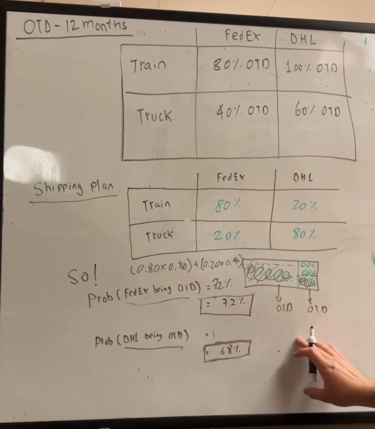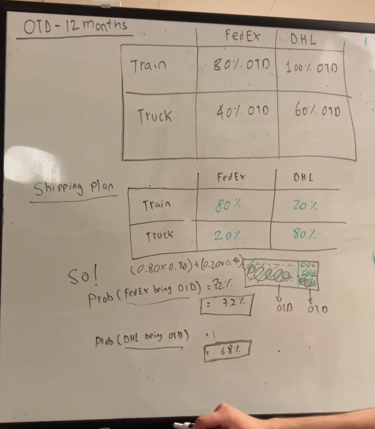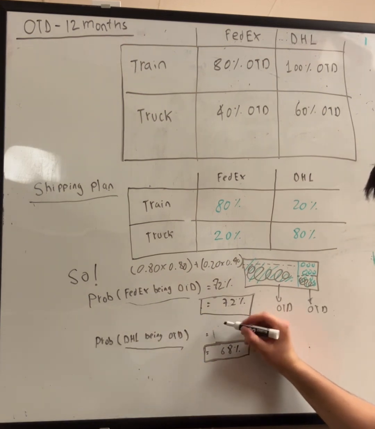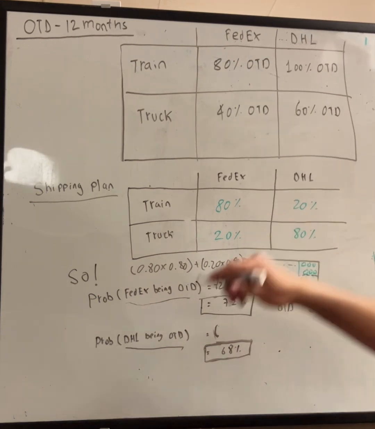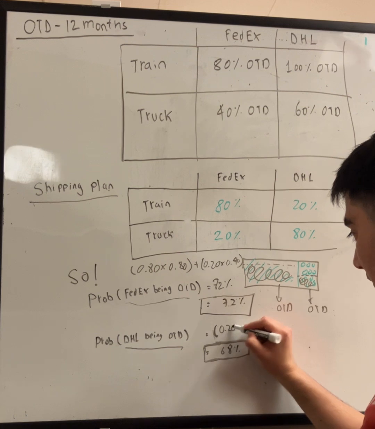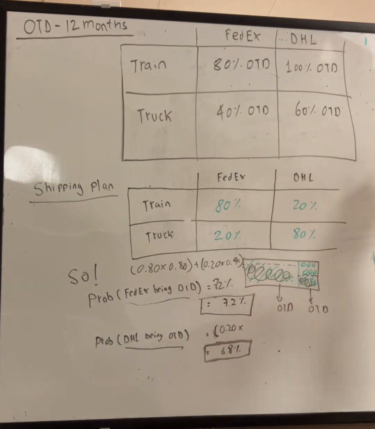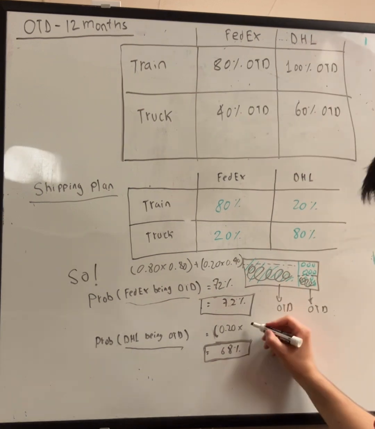We apply a similar approach to the on-time delivery for DHL. For DHL, 20% of their shipments go by train, and out of that 20%, 100% get there on time, so times 1.